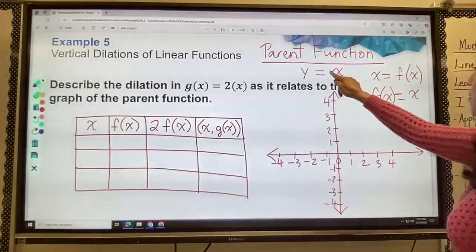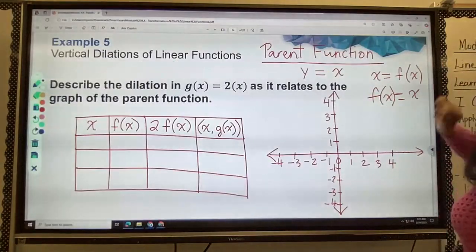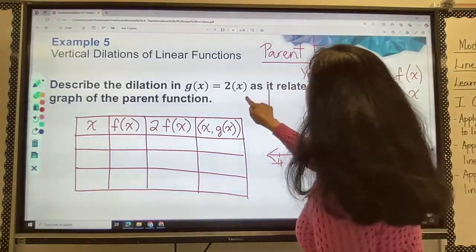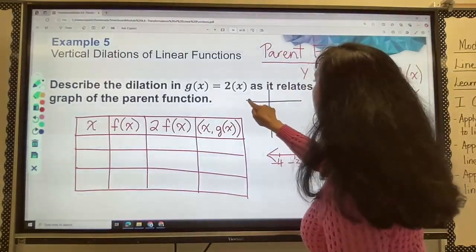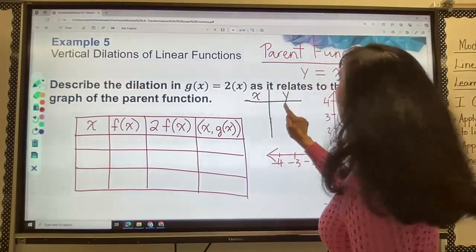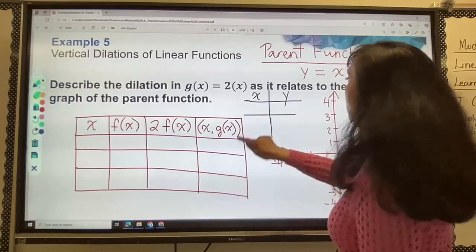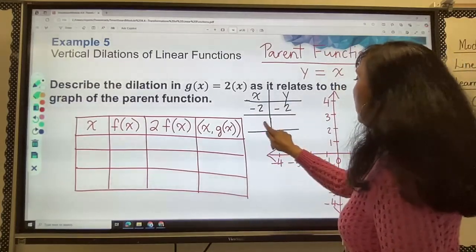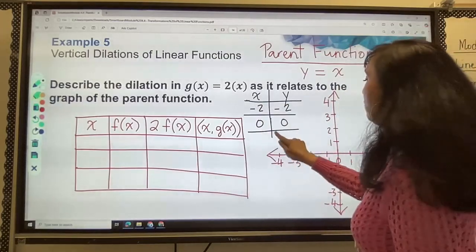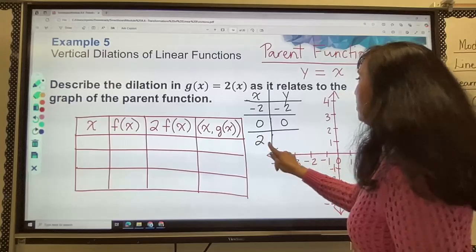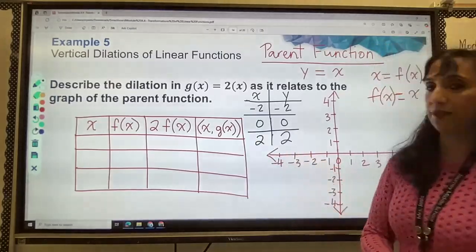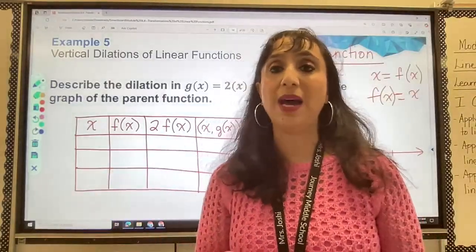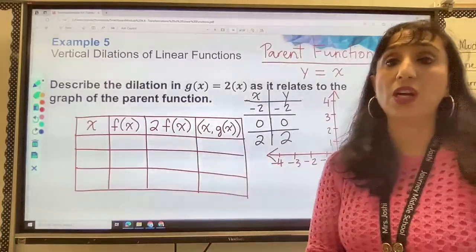So we know for y is equal to x, and if I have my input output values, when I have -2, y is -2. When I have 0, y is 0. If I have +2, y is 2. So whatever x is, y is the same thing. And that's what my parent function is for a linear function.